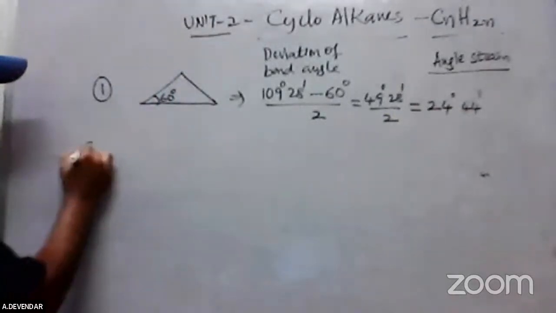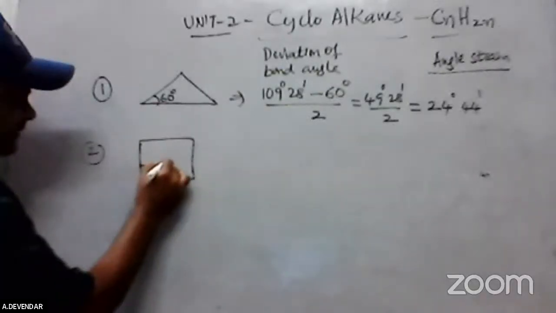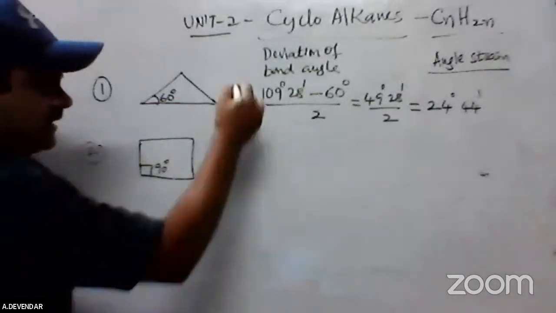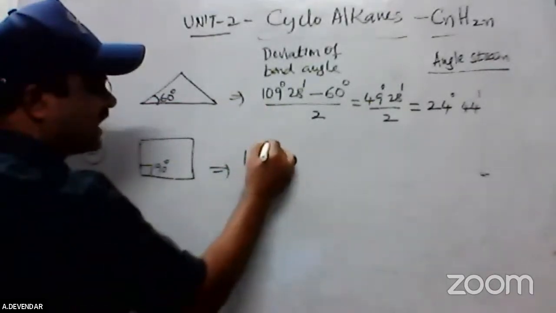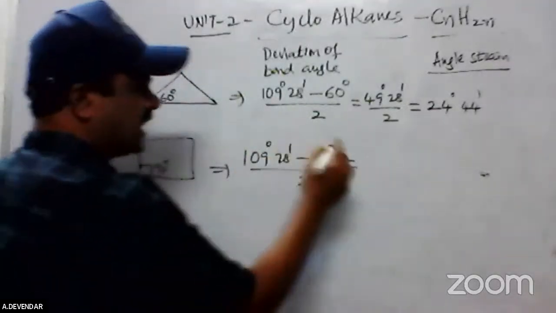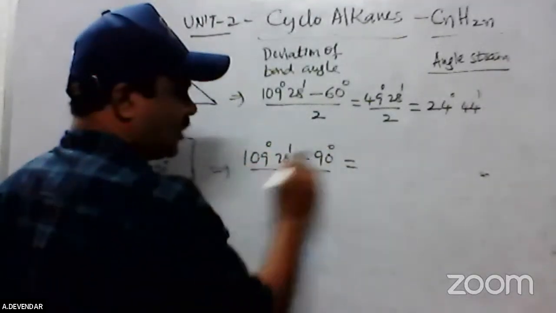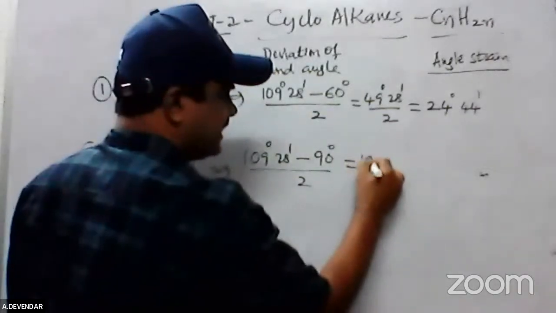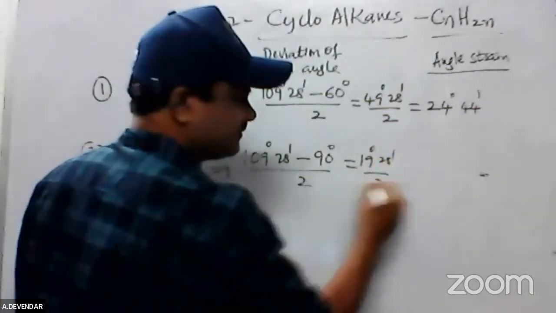Similarly, we are taking cyclobutane. Suppose this is 90 degrees. See how to calculate. The normal bond angle is 109 degrees 28 minutes, the actual bond angle is 90 degrees, and we divide by 2 for the average. So 109 minus 90 is 19 degrees 28 minutes.